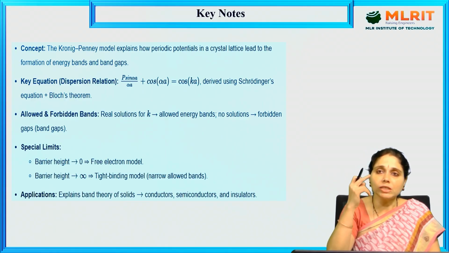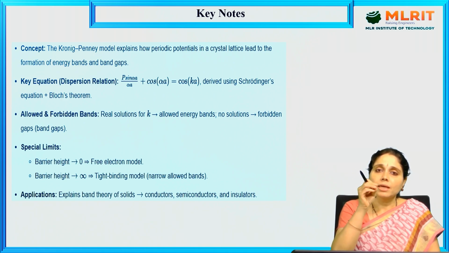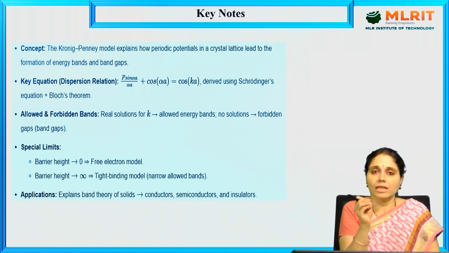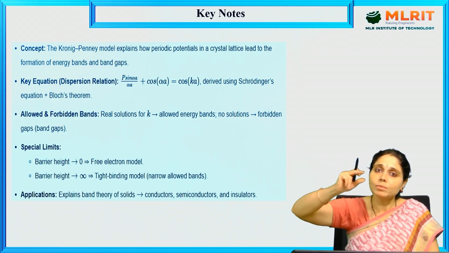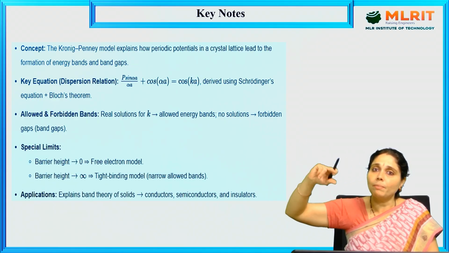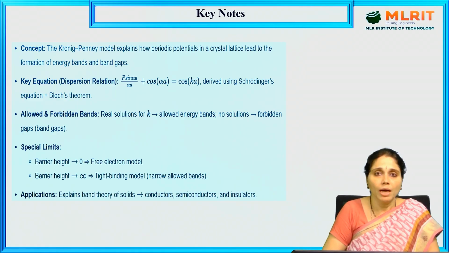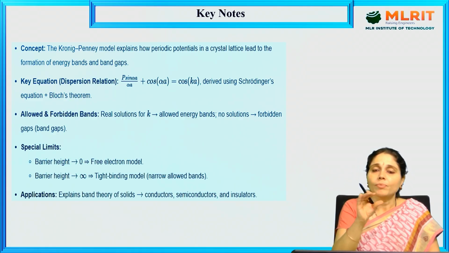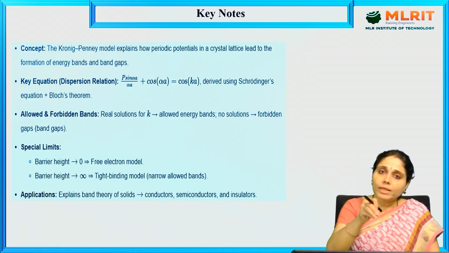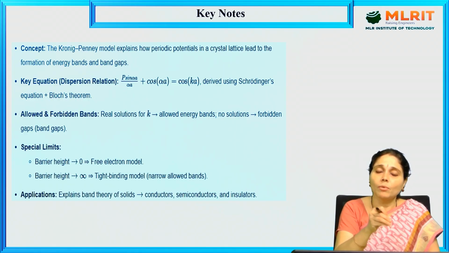In the previous video lecture, we already learned about the Bloch theorem and its significance, how the Bloch functions are there, how the atoms are repeated in a periodic fashion, and how the potential energy comes in. Now, by using the Bloch theorem, we are going to learn about the mathematical formation of energy bands.